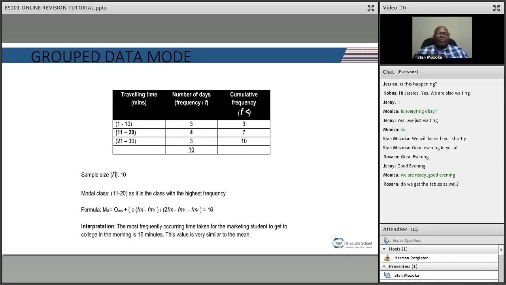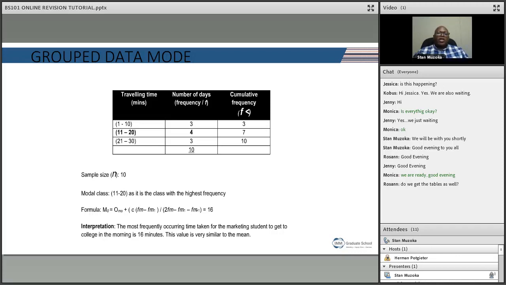use the formula: grouped data mode is equal to the lower class boundary of the modal class plus class interval or class width, times the frequency of the modal class minus the frequency of the class smaller than the modal class, divided by twice the frequency of the modal class minus the frequency of the class smaller than the modal class minus the frequency of the class larger than the modal class.